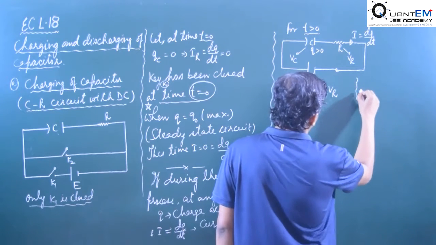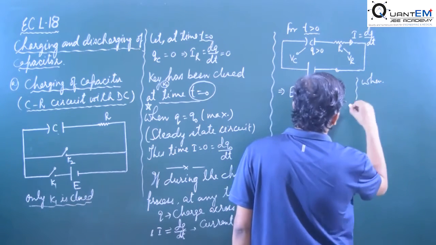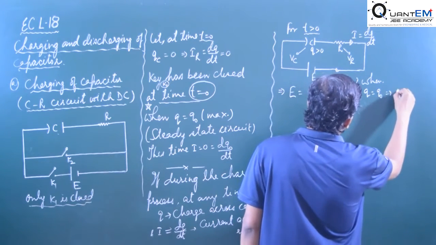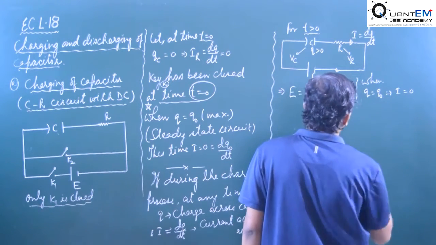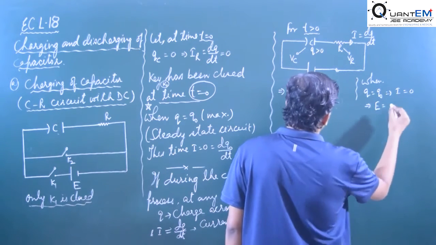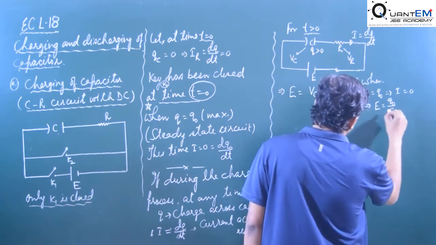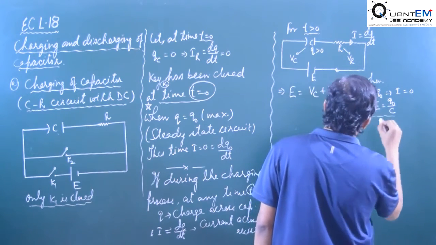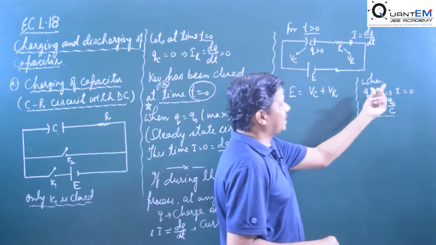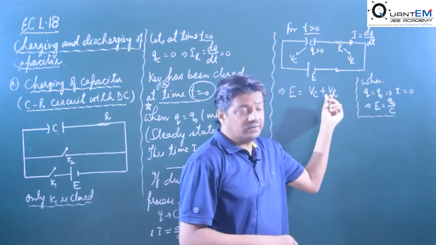When charge is maximum, that is Q naught, the current is equal to 0. So E is equal to Q naught by C, that is the supplied EMF. VR is equal to IR, and since I is 0, VR will also be 0.